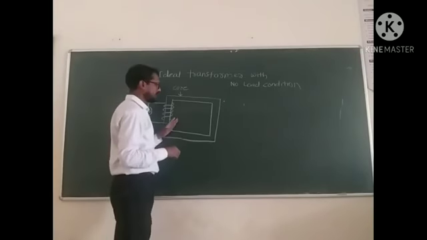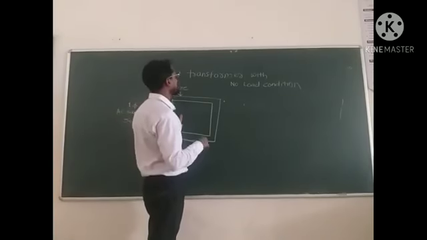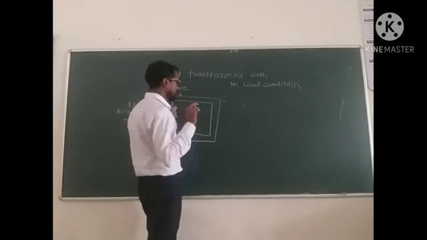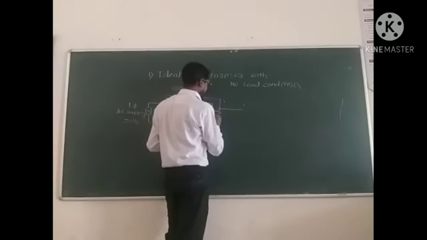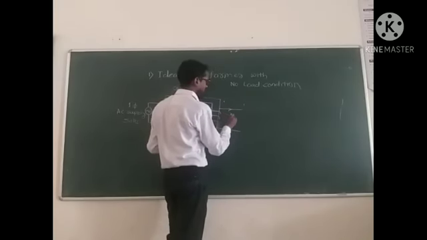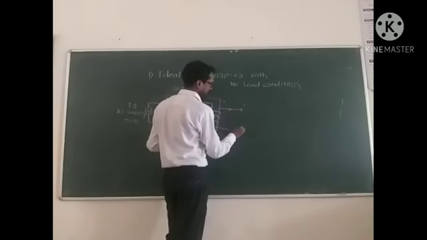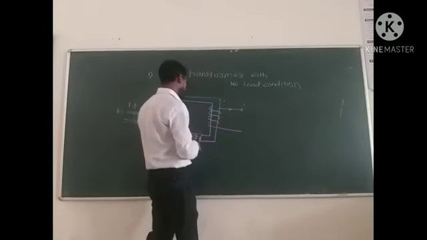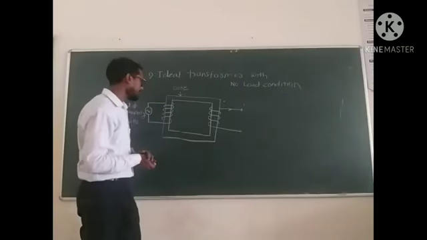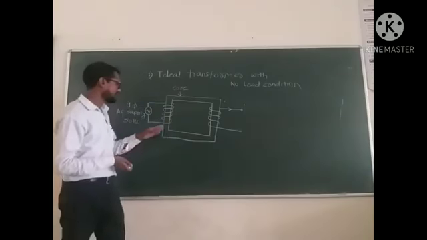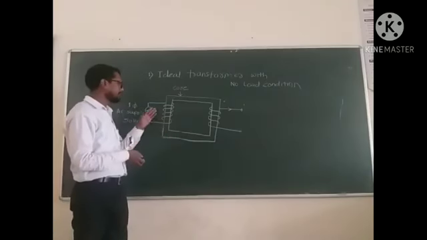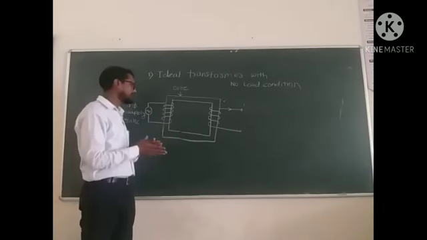The given transformer is an ideal transformer on no load. So we draw the secondary winding of the transformer, but we don't connect a load because the given condition is no load. Let us discuss the procedure of this type of transformer.